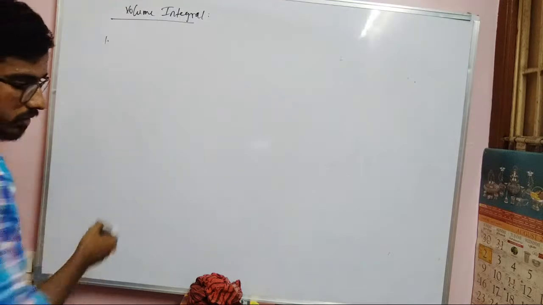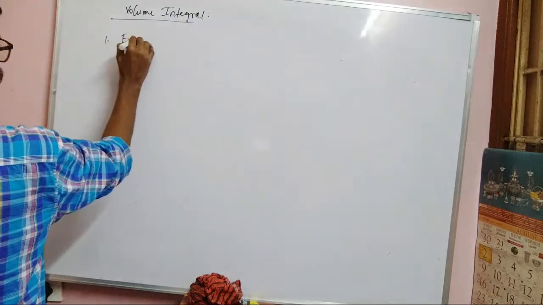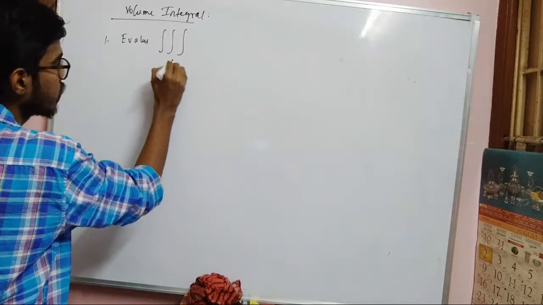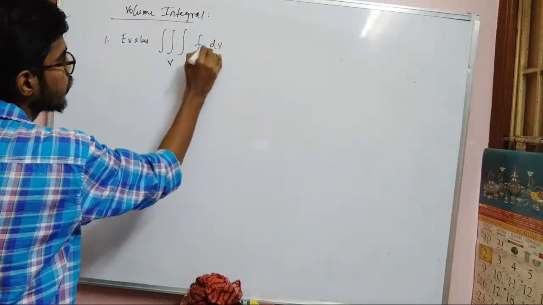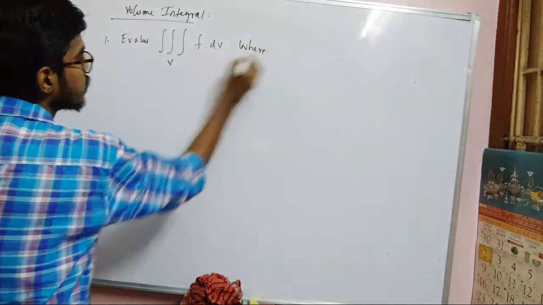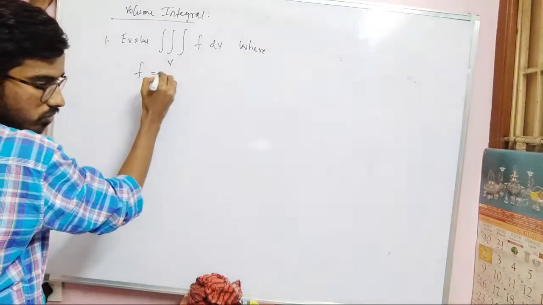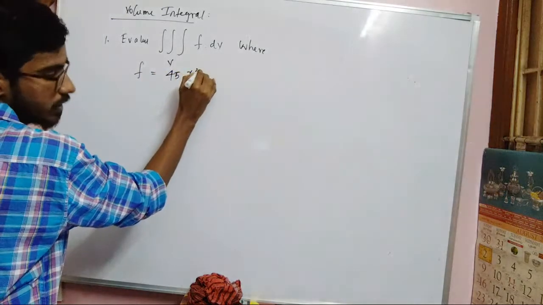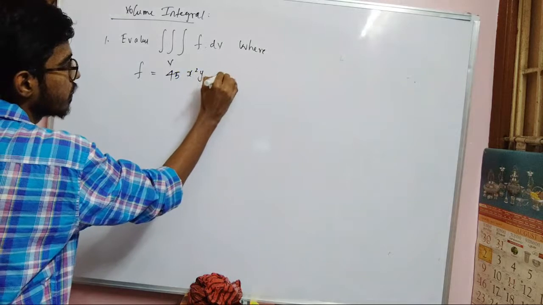The first problem is evaluate the triple integral. So volume is triple integral over V of F dV, where F is equal to 45 x square y.